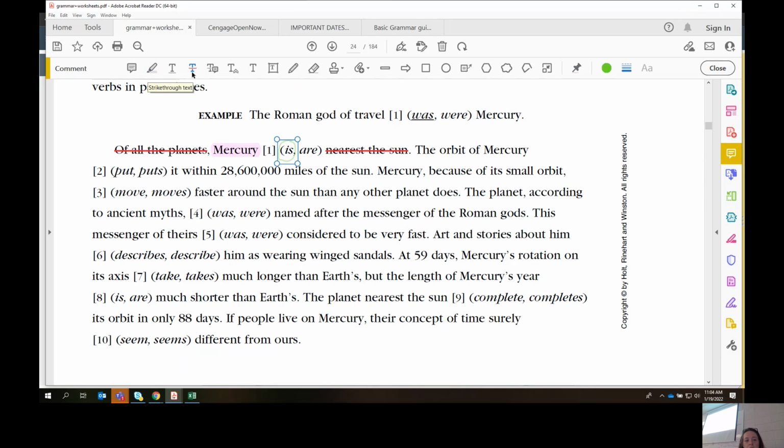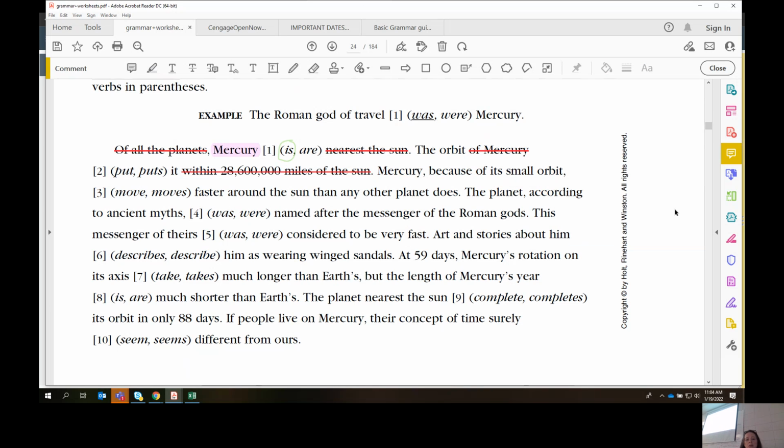Okay. Number two. So I'm going to mark out. There's three prepositional phrases. That one's gone. Nothing there can be the subject. That's gone. And that's gone. That's two prepositional phrases in a row. All right.